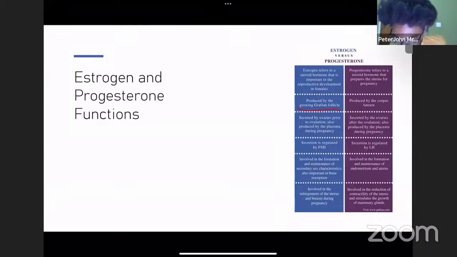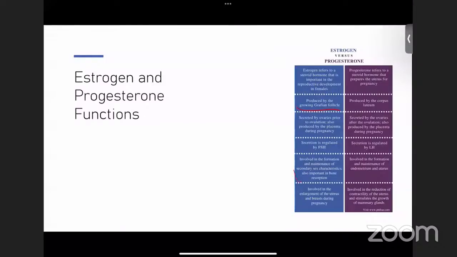What's the function of progesterone? They're all there, guys. I'm asking you stuff where the answer is on the slide. I'm not going to ask you stuff that I'm not telling you. What's the function of progesterone? Yeah, it's the uterus for pregnancy.